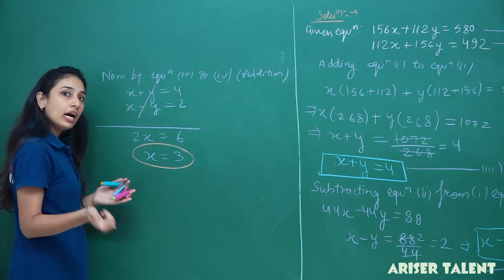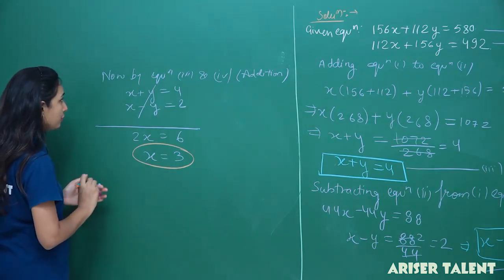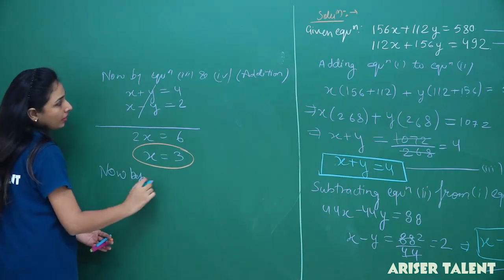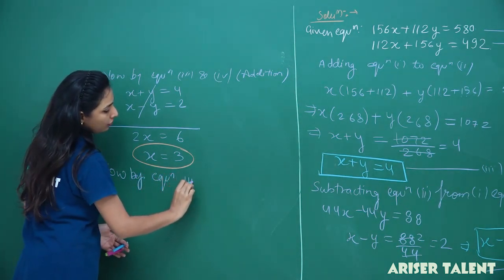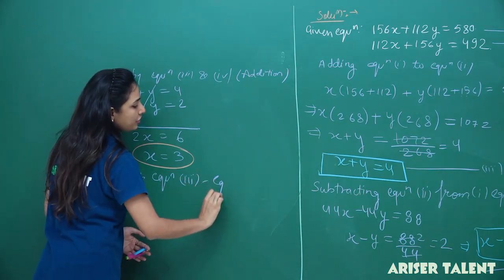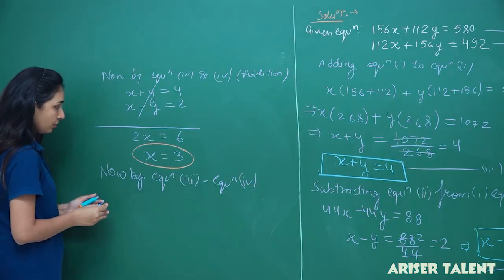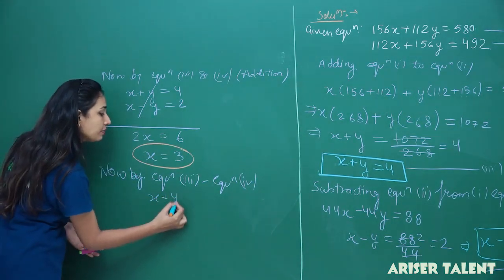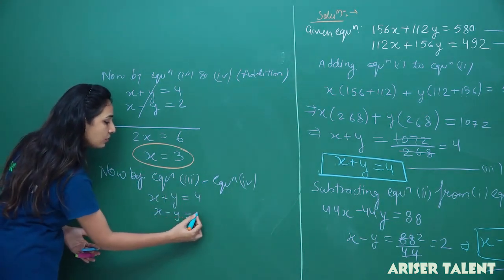Now what I can do? I can just subtract it also. So now by equation 3 minus equation 4, x plus y equals to 4, x minus y equals to 2.